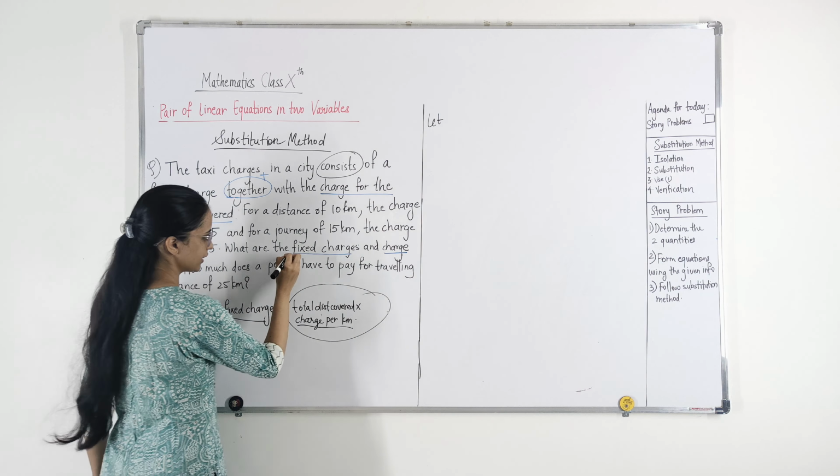So whenever the distance becomes 15 kilometers, the charge of the taxi becomes 155. So we started with determining the two quantities which we are supposed to find. Then we have taken two variables x and y to be those two quantities respectively, and using those variables and the given conditions we have framed two equations.